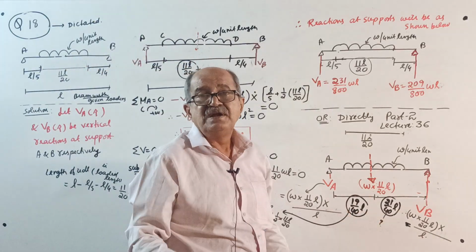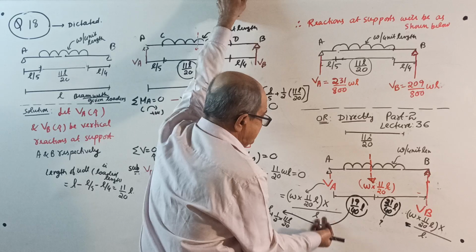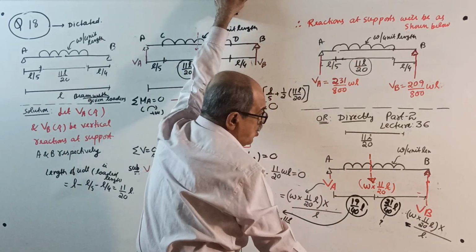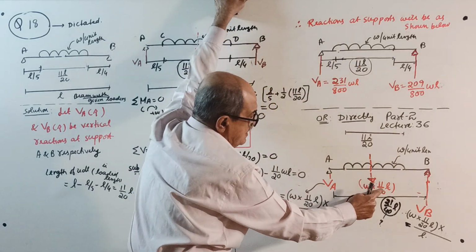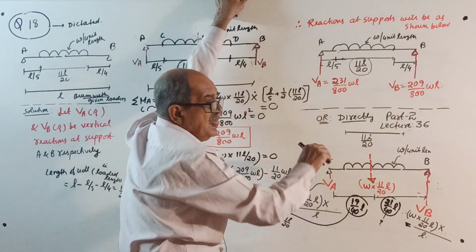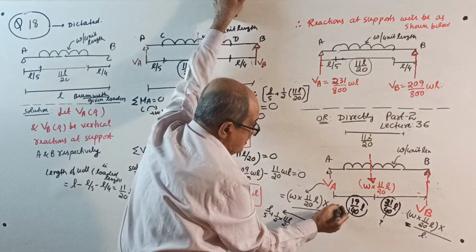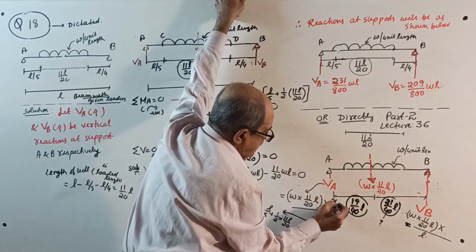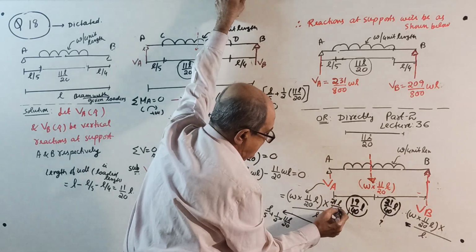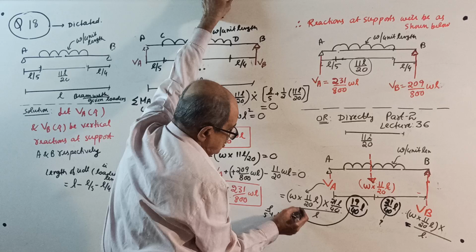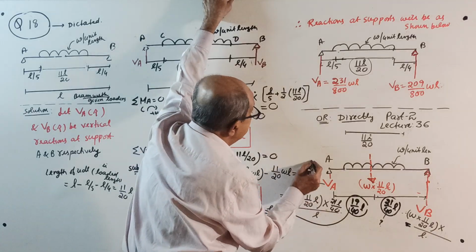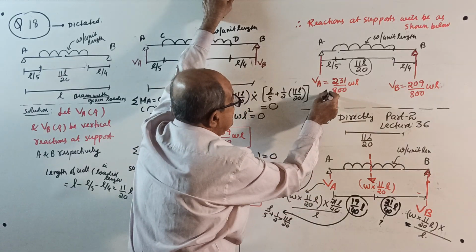Now the direct answer. This reaction equals the load, W into 11L by 20, into the other distance. How much is the other distance? 21L by 40 divided by L. You will 100% get this answer.